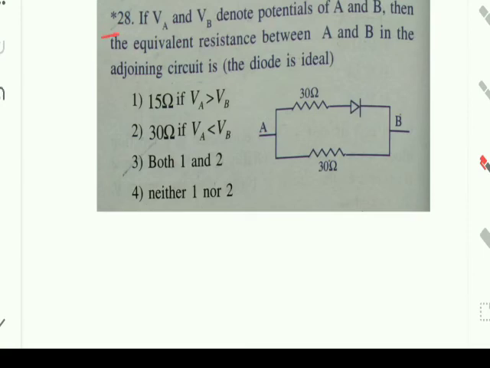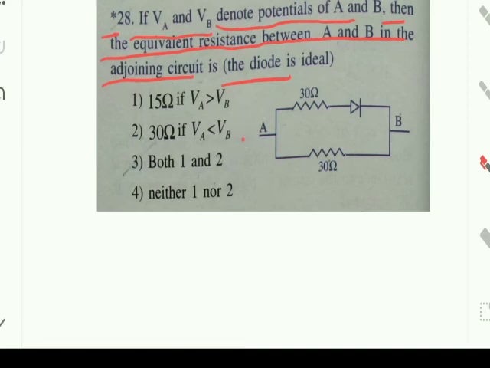28th question: if the potentials of points A and B are denoted VA and VB, then the equivalent resistance between A and B in the adjoining circuit is, where the diode is ideal. So he said the diode is ideal.